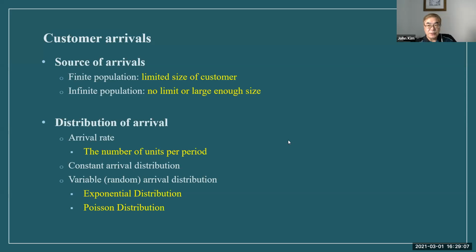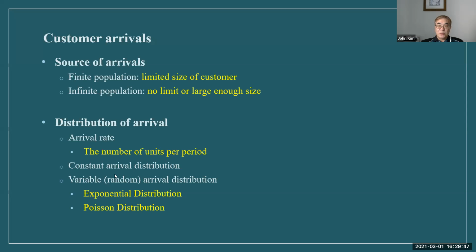Distribution of arrivals. We first need to know the arrival rate. When we say arrival rate and later the service rate, that is the number of units per period. For a certain store, 100 customers come to that store per hour. In that case, the number of customers per hour is the arrival rate.